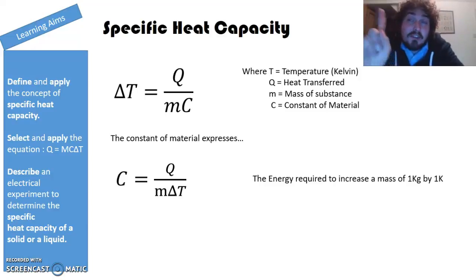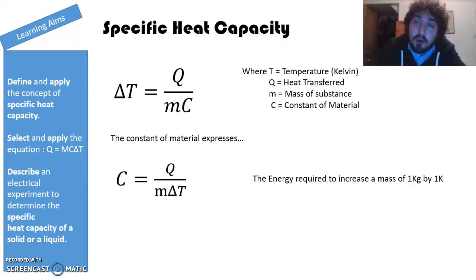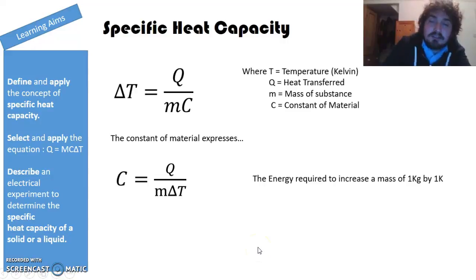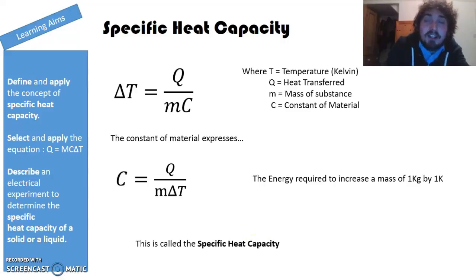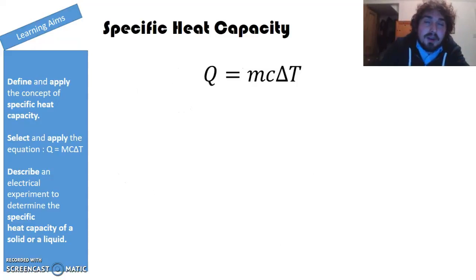And obviously if that's 1 joule, then it's 1 joule per kilogram per Kelvin, and it makes C equal to 1, which is nice. So C is basically just equal to whatever the energy is, and that's why it's arranged as that. Anyway, that value is called the specific heat capacity. And that's what this is about today, really.